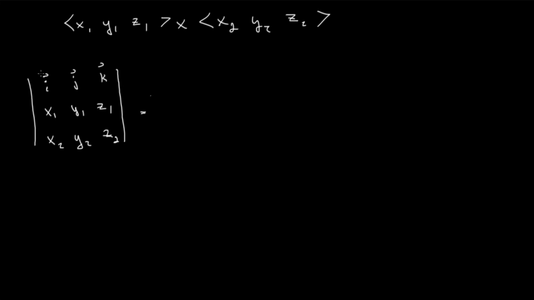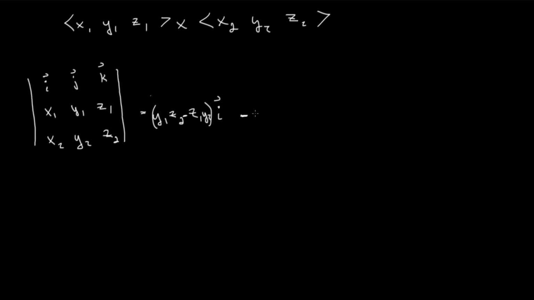I'm going to take the entry I. I'm going to delete the column and the row that it sits in, and I'm going to multiply I by the leftover determinant, y1, z2, minus z1, y2.